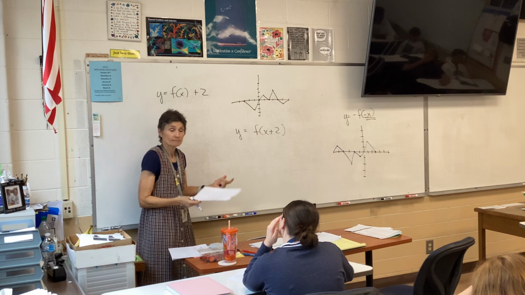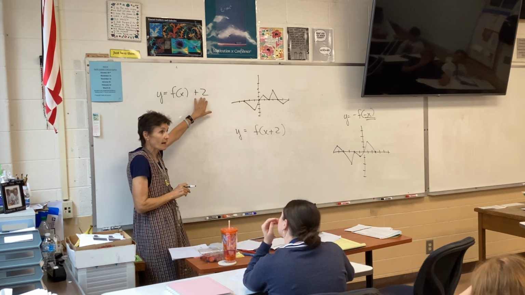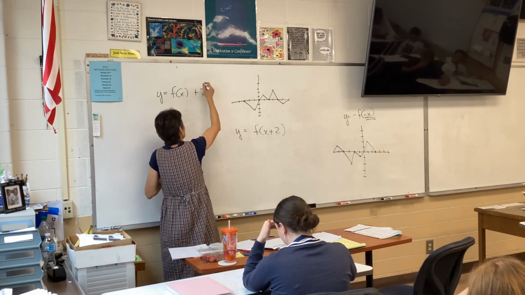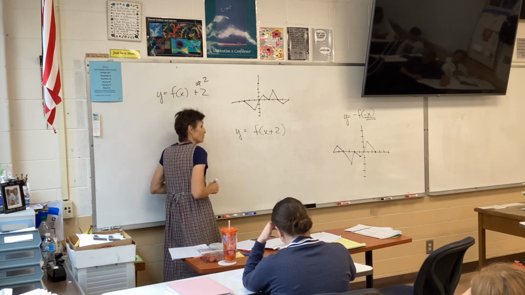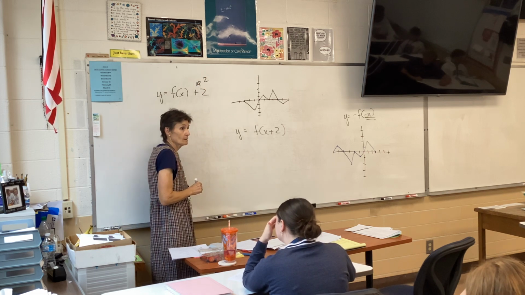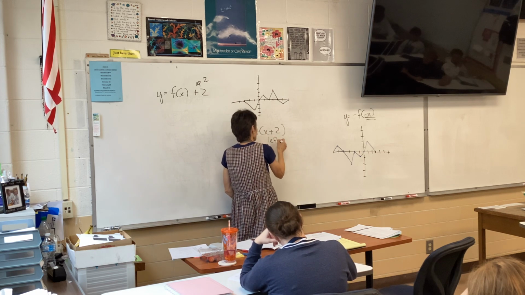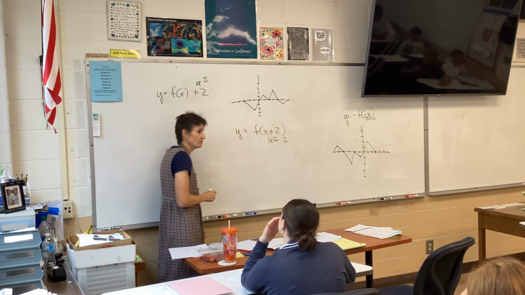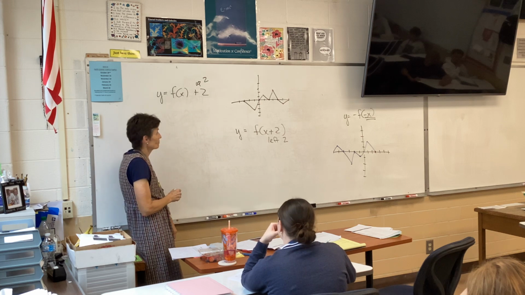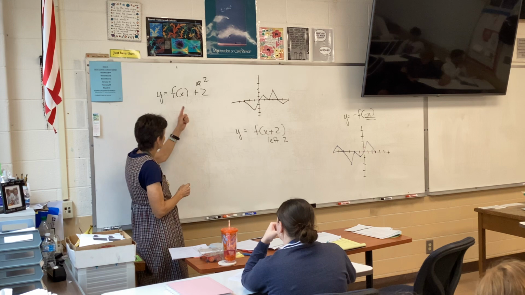Where the 2 is. And when the 2's outside like this, it means we're going up 2. When the 2's inside the parentheses, this one means we're going left 2. So these are 2 separate problems.